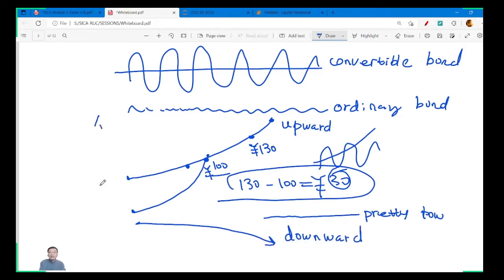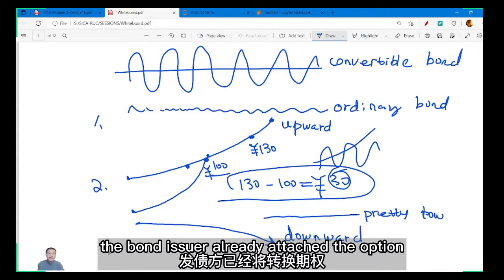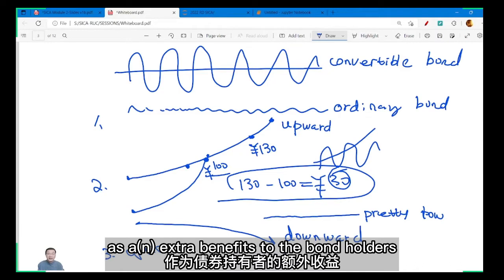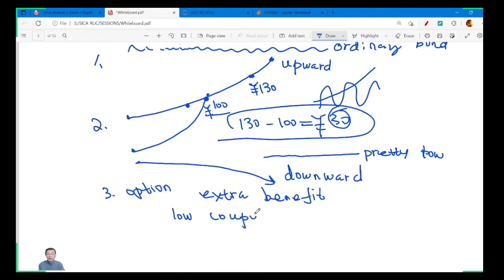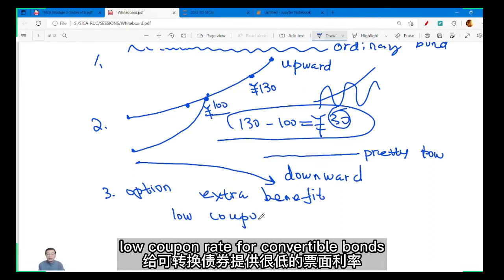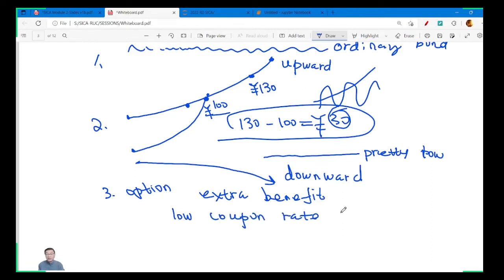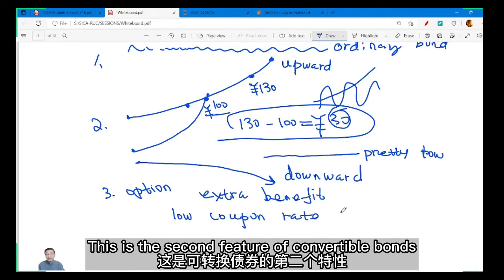And the bond issuer already attached the option as extra benefits to the bondholders, so they usually provide a very low coupon rate for convertible bonds. This is the second feature of convertible bonds.